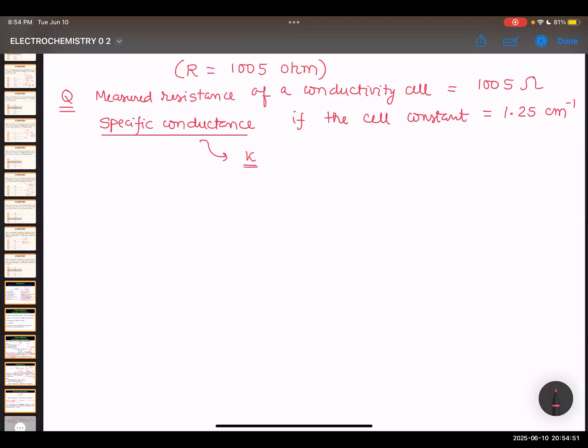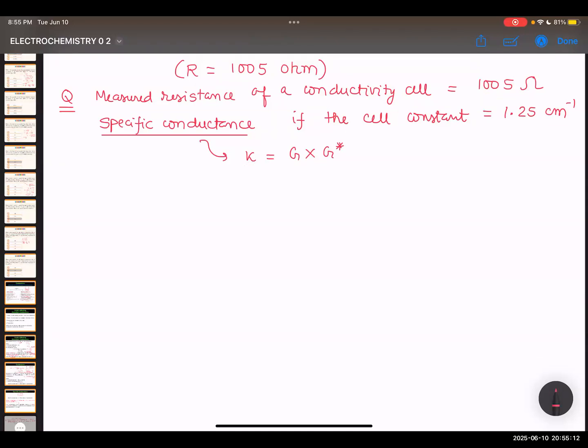Kappa equal to? Yes, Cc. Aisha, kappa equal to Cc, conductance into cell constant, or Gg, G conductance into G star. Is it clear?